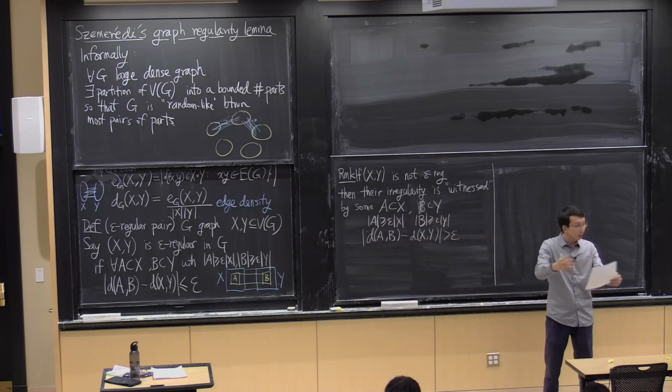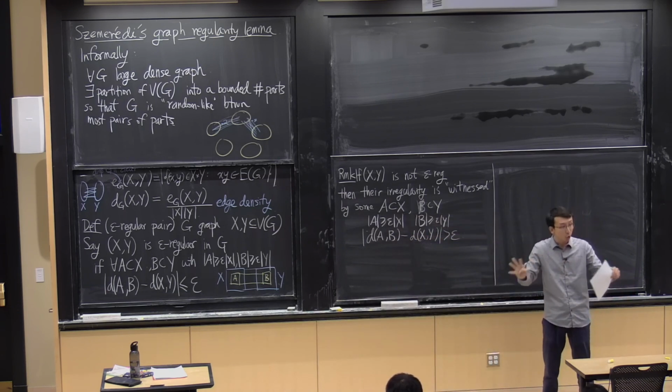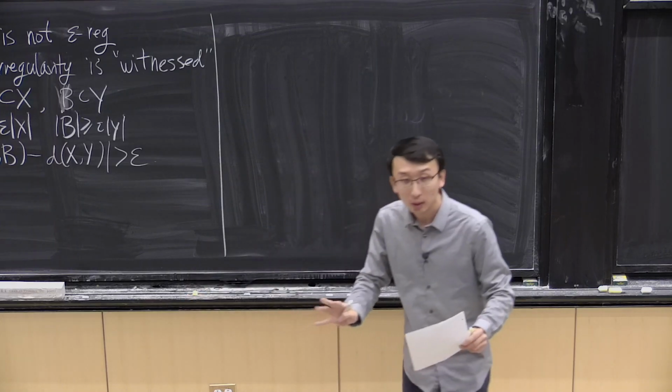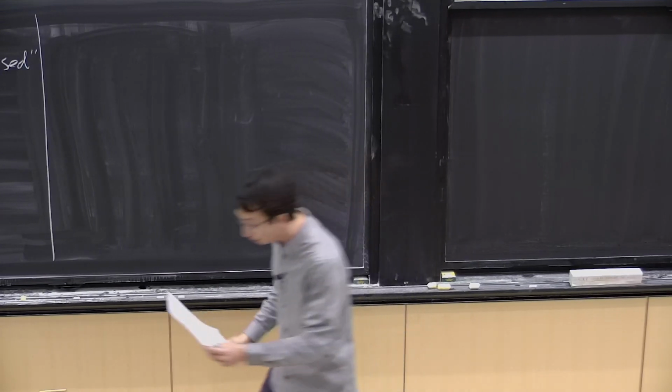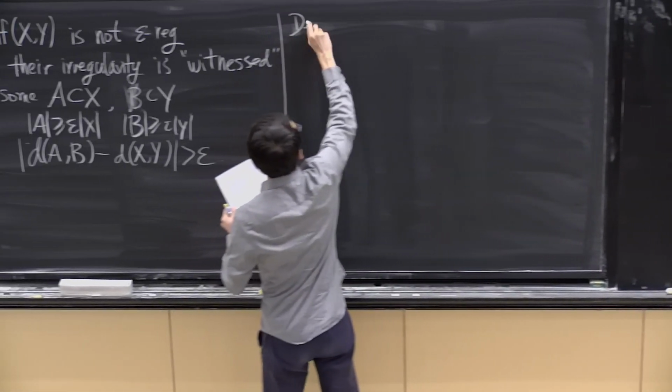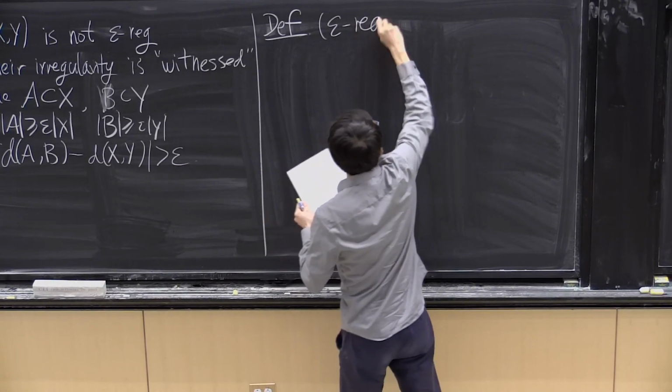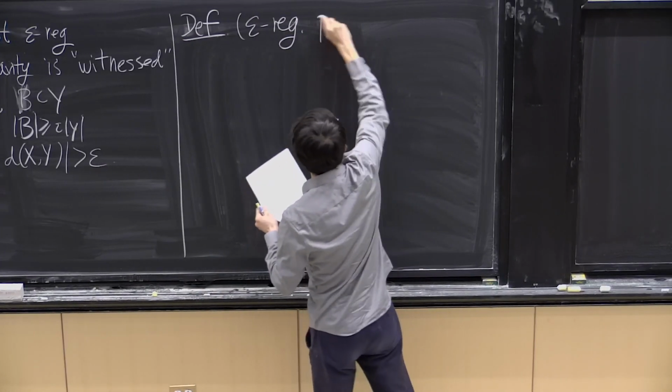But now I give you a graph, and I give you a partition of the vertex set. So what does it mean for that partition to be epsilon regular? And here's the second definition. An epsilon regular partition.